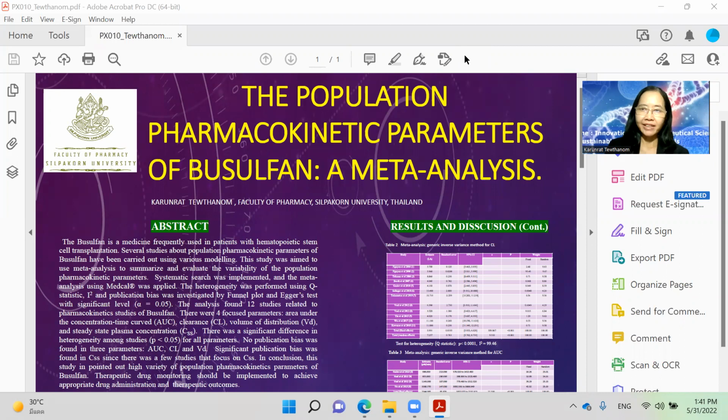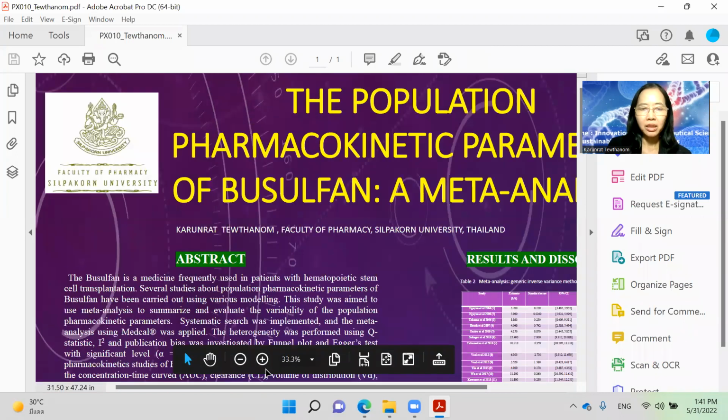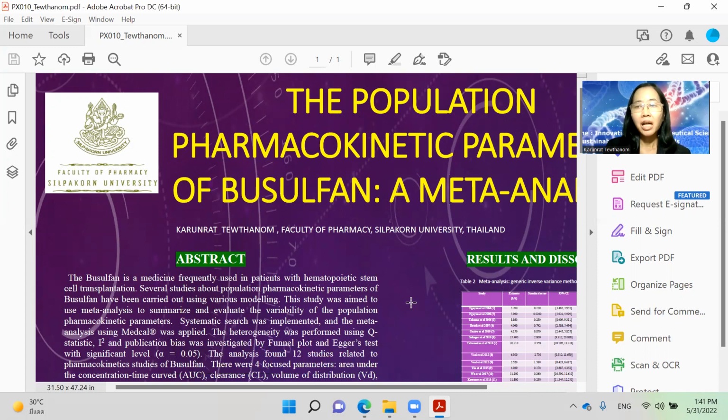Now I would like to present the poster titled Population Pharmacokinetics Parameters of Busulfan: A Meta-Analysis. Busulfan is the main medication used in patients with hematopoietic stem cell transplantation, and several studies about population pharmacokinetics parameters of busulfan have been carried out using variation modeling, and therefore evidence of probabilities of each study.